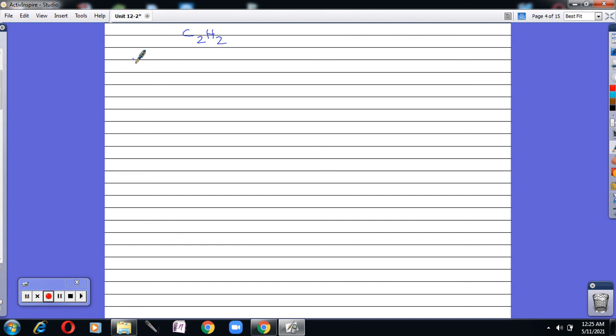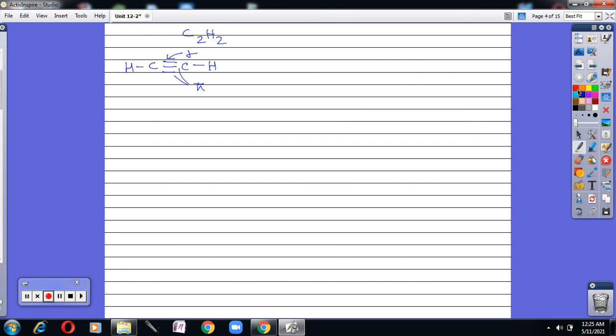In C2H2, the carbon-carbon has triple bond character, and in this triple bond two bonds are pi bonds, only one bond is a sigma bond in between carbon and carbon, right? Now we need to see how they have formed.